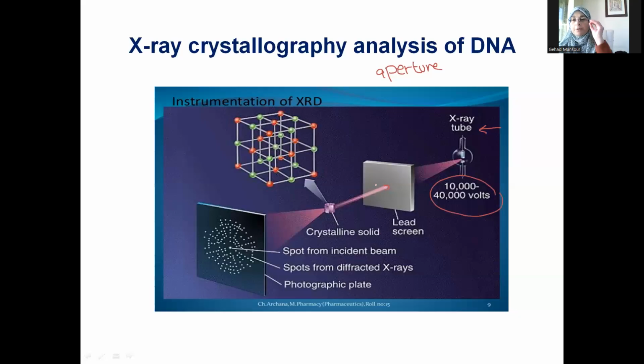Why are we doing this? Because we want to have a very focused X-ray, just like a laser beam. But in a laser beam, it's very easy because all the waves have the same wavelength, so they're all like a very concentrated beam. But X-rays are not laser rays, and therefore we have to focus them.